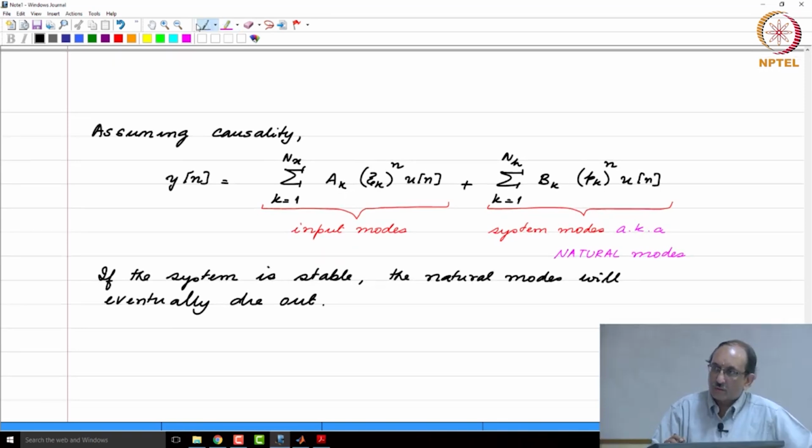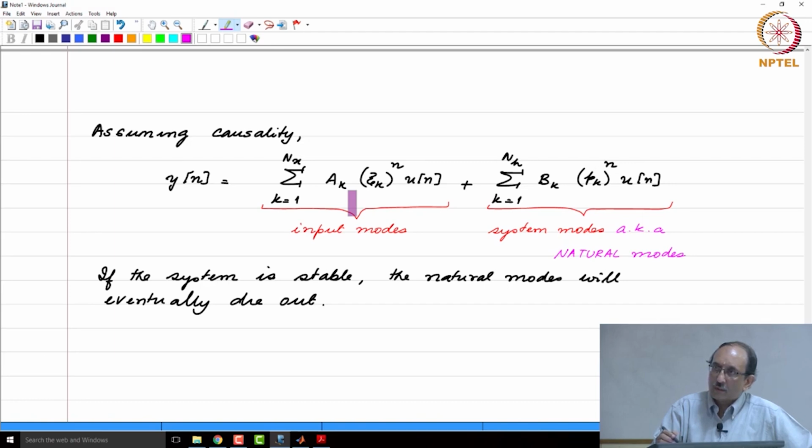So, what this tells you is, if you have a system and to that you apply an input, the output will contain two parts. One part will be the natural modes of the system, which eventually will die out for causal and stable systems, and the other part corresponds to the input modes.